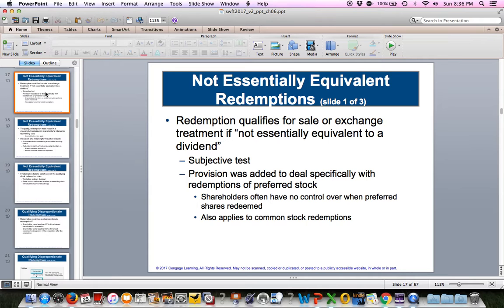Redemption qualifies for sale or exchange treatment if not essentially equivalent to a dividend, subject to a test. A provision was added to deal specifically with redemptions of preferred stock, where shareholders often have no control over when preferred shares are redeemed. Also applies to common stock redemptions.